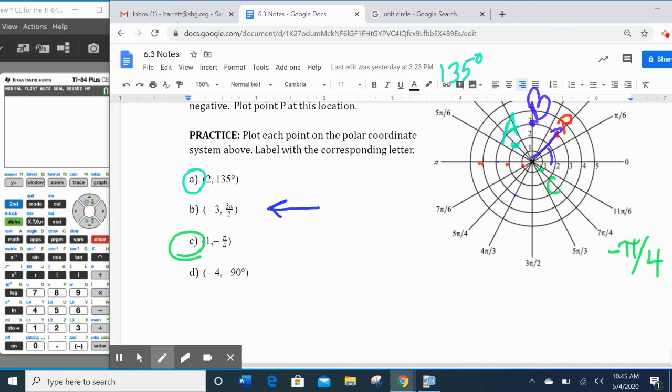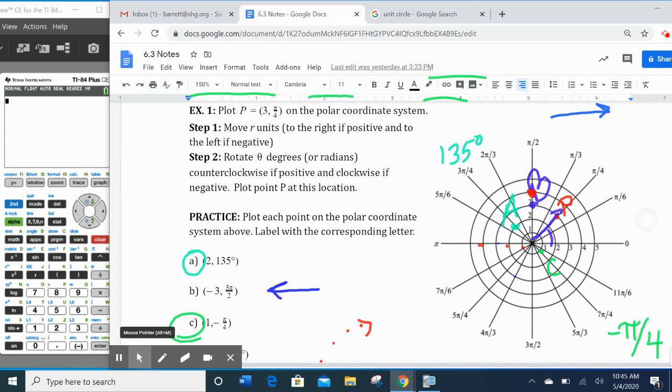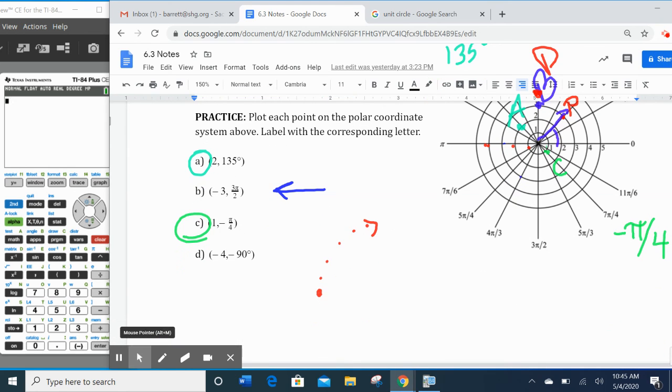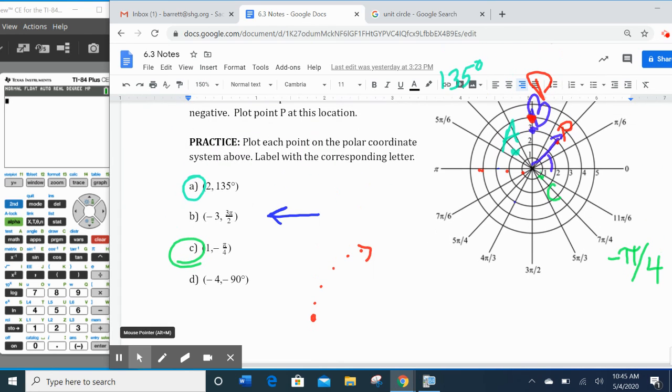From this point, the clock's going to go like this. So -90 degrees is actually going to end up right here, at the same angle as B, just at a different layer. So this point D is up here. I go out 4 units to the left, and then I backtrack 90 degrees, or pi/2, or -90 degrees. Okay, so that is the basics of plotting points.